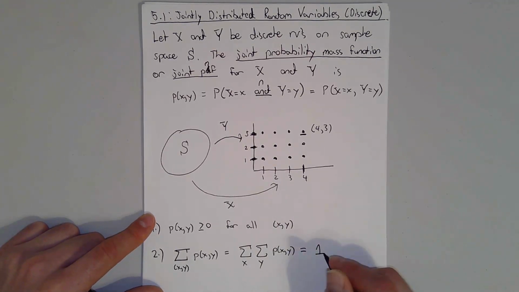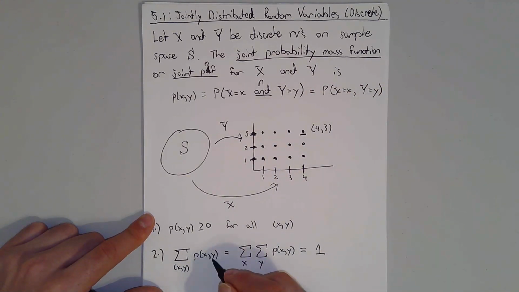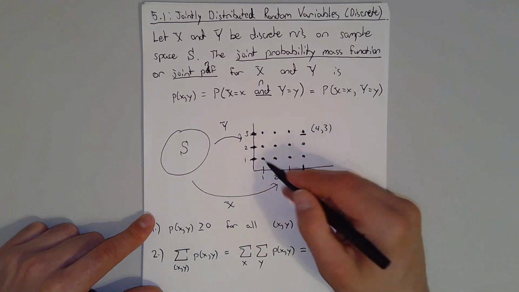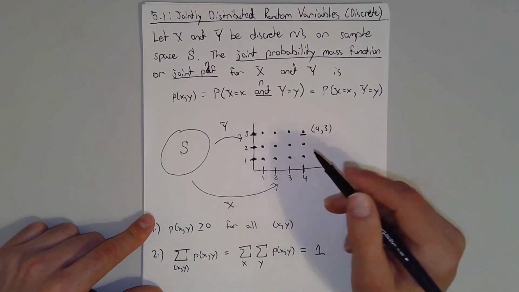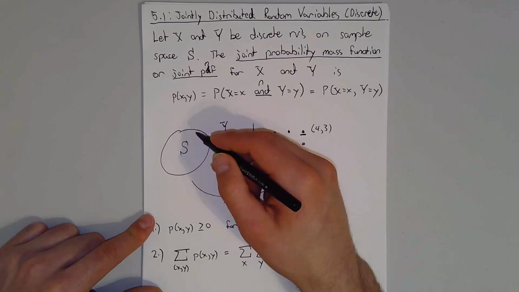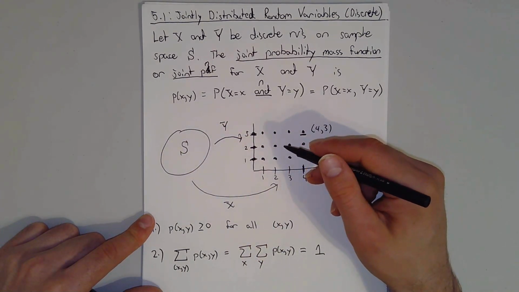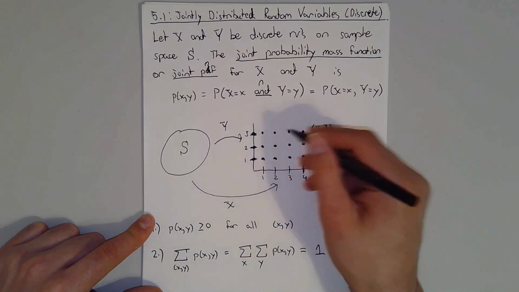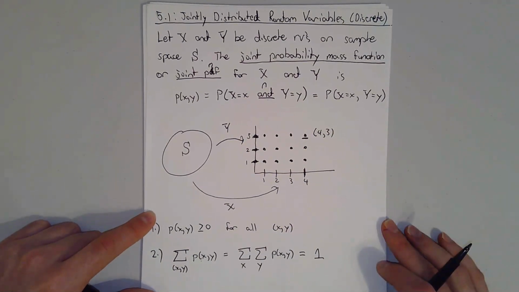This makes sense because if we add up the probability at each one of the points for x and y, then the sample space is distributed over these points. So if we add up the probabilities at each one of these points, it should add up to 1, just like before.